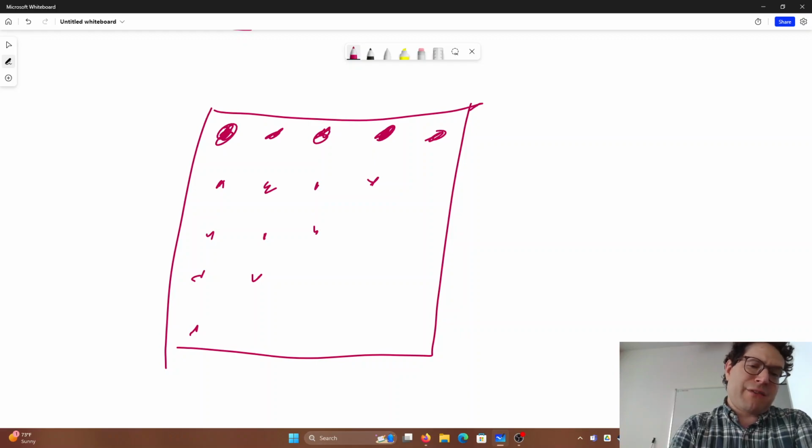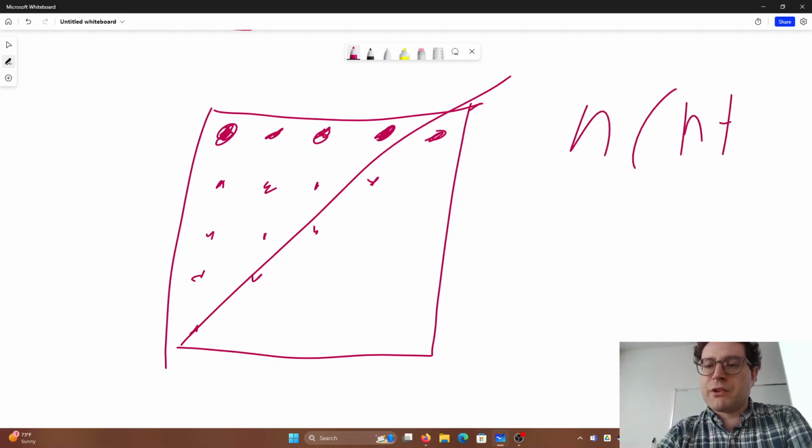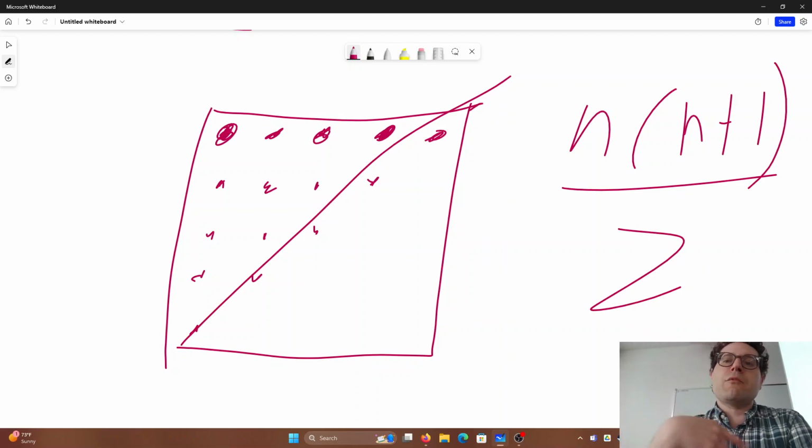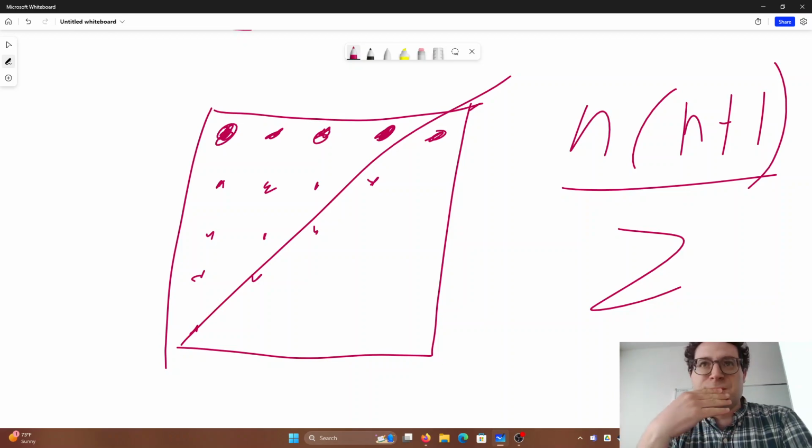Except that with the way I've drawn it, it's a bit more than half the square. If you take a look, n times n plus 1 is a bit more than n squared over 2. It's n squared plus n over 2.